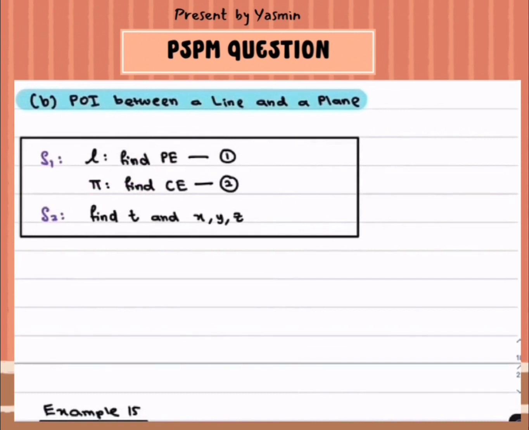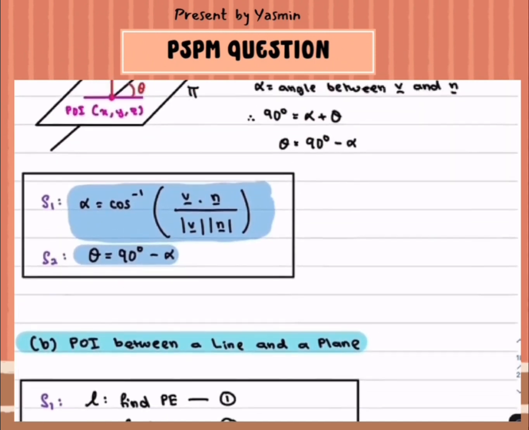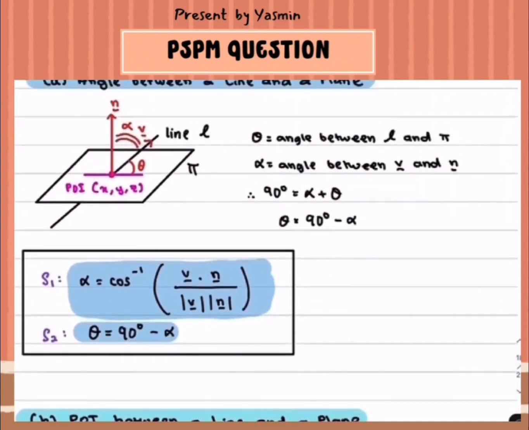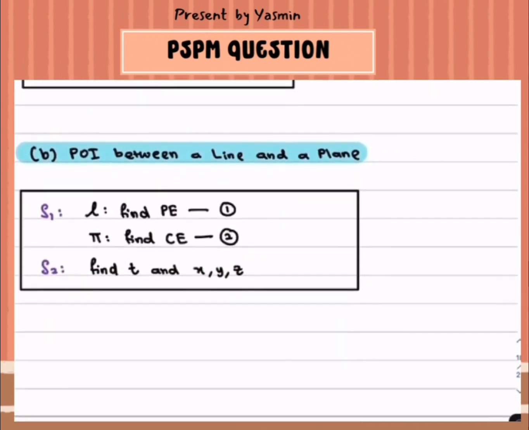You also need to find the point of intersection between line and the plane. So let's look back at the diagram. We know that the point of intersection is a point. Therefore, it's going to have the coordinates x, y, and z. And in order to find these coordinates, I need x, y, and z from line and plane. So for line, you can have the equation for x, y, and z from the parametric equation.